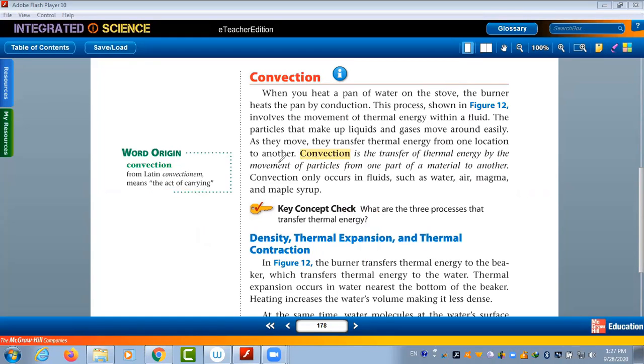In convection, the transfer of thermal energy, like the other definitions, is by the movement of particles. The particles move from one part of a material to another. So here, how many materials do we have? We have only one material. For radiation, we have two materials.